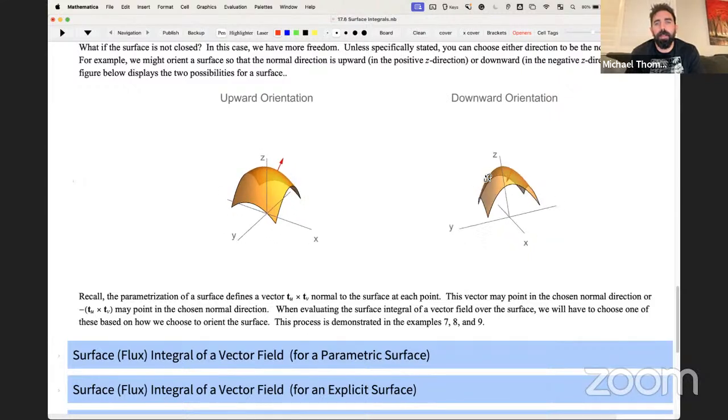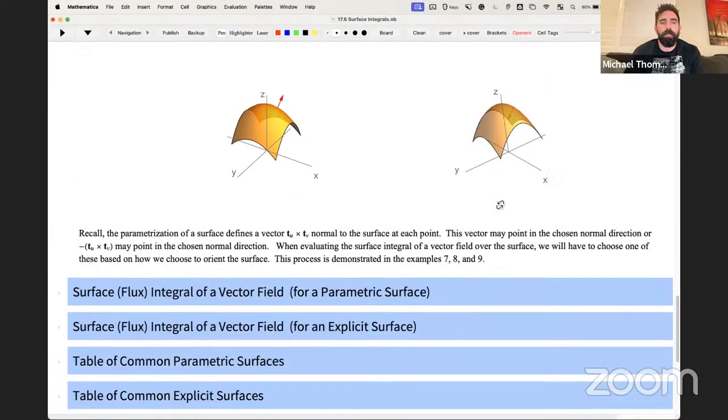And in this one, we're defining the normal vector to point downward. So you have a choice here. Now when we get to Stokes' theorem, you're going to find that your choice has to be consistent with something else. So you don't have a choice there, but in general, you do.